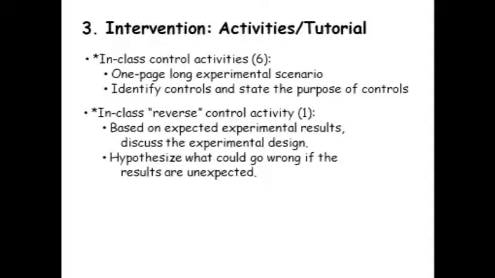If the results are unexpected, you didn't get what you wanted, what could go wrong? One of the possibilities, of course, is that you don't have all the appropriate controls. That's what we try to emphasize. Students have a lot of discussion and walk through it painfully on this activity, but I think it's good for them. Sometimes no pain, no gain, right?